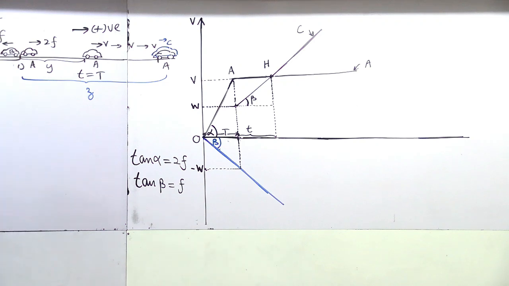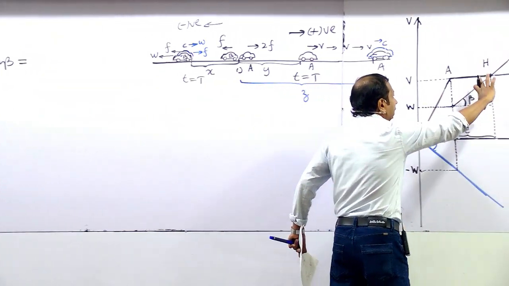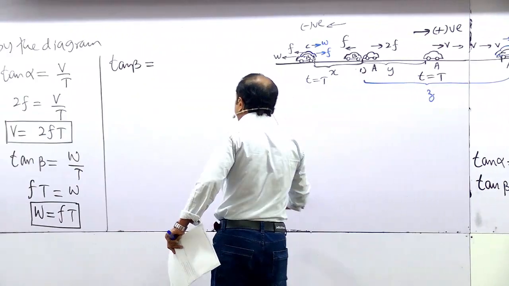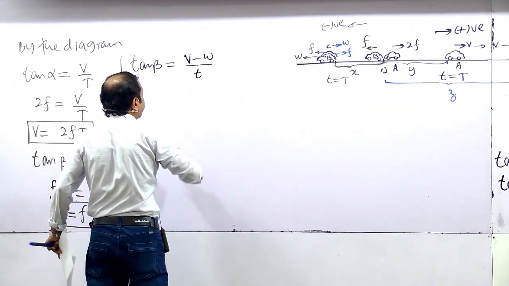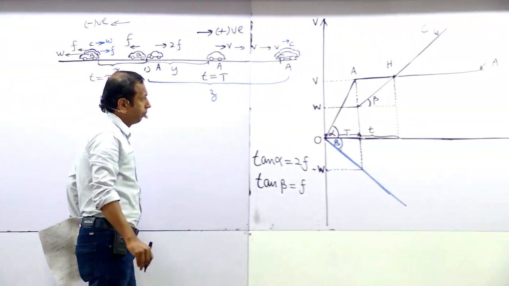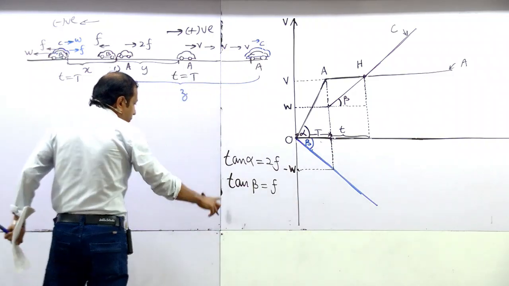Then you can write again by the diagram, tan beta is V minus W divided by T, simple T. Correct? Substitute for tan beta.